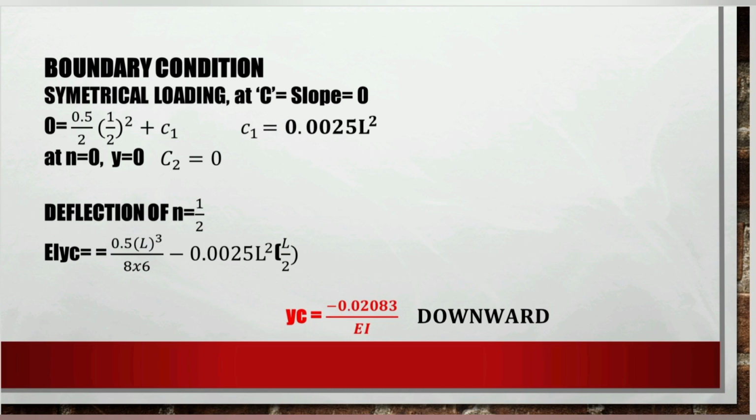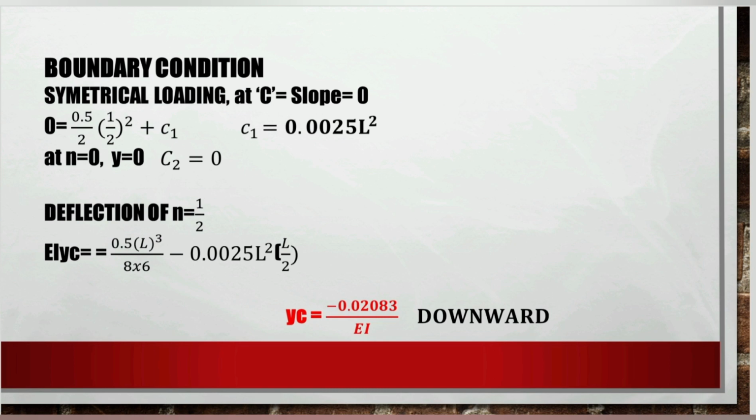Boundary condition, symmetrical loading at C, slope equals 0. 0 equal to 0.5 over 2 times 1 over 2 squared plus C1. C1 is equal to 0.0025 L squared. At x equals 0, y equals 0, C2 is equal to 0.